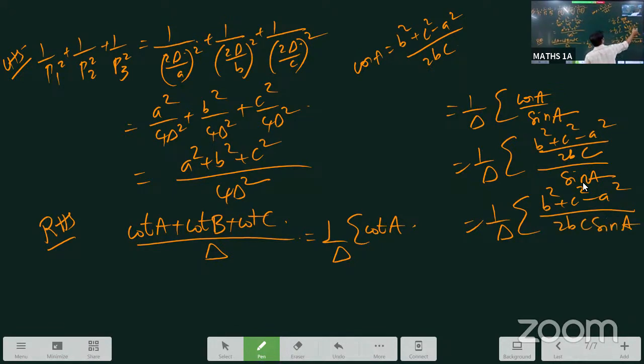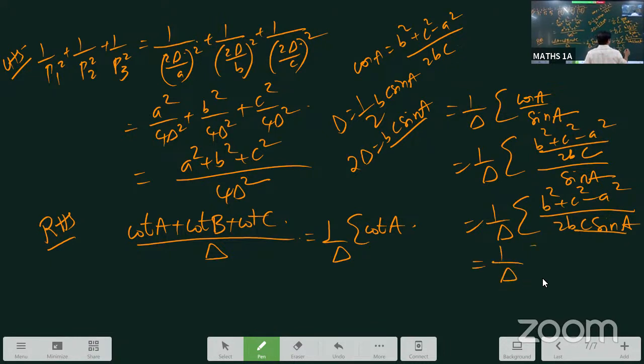The sin A will come and multiply here. Now, what is delta equal to? Half bc sin A formula. Then 2 delta equal to bc sin A. So instead of bc sin A, you replace it with 2 delta. So 1 by delta, that is b square plus c square minus a square by 2 into 2 delta.